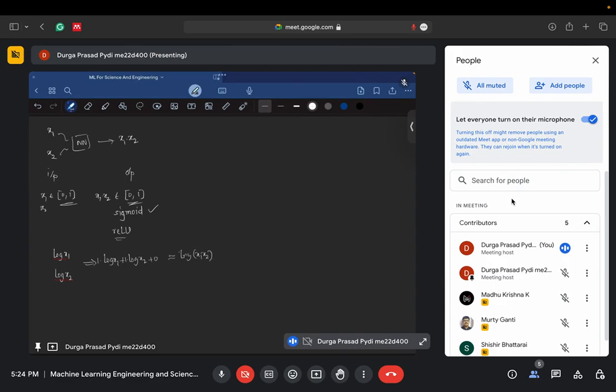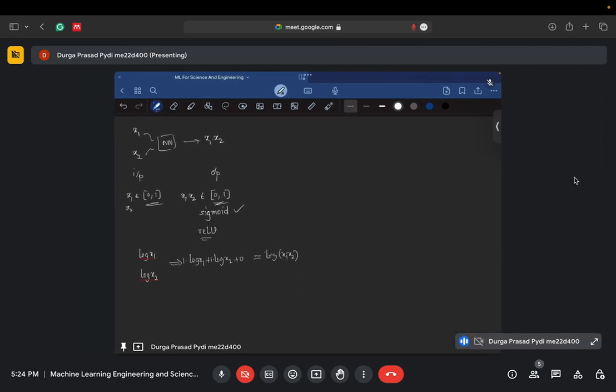So I could also train this in a different fashion. Instead of using x1 and x2, with x1 times x2 as my training data, I'll apply log to my training data and then train my model on the logarithm of the training data. Can I do this as well, right? When you have something like a product, this could also be done. Do you see any problem in the second approach?